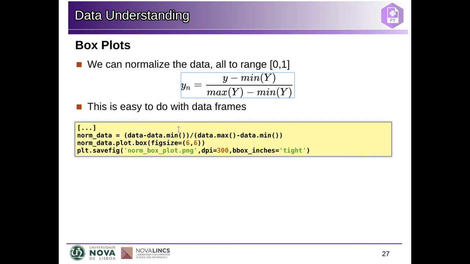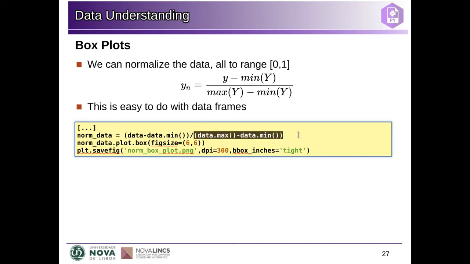So this is called normalization, and it's easy to do because we can compute these values on our data frame, and the min function will give us an array with the minimum values for each column. We can subtract that from all our data frame, and this will broadcast the operation and subtract the minimum of each column from each of the columns over all the rows. So we can do this in one go for all the data points, and then we can also do this division here.